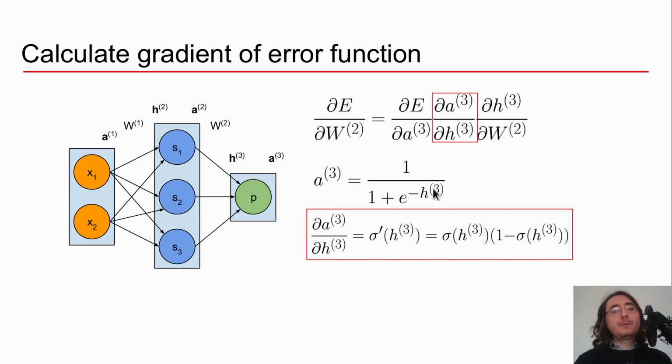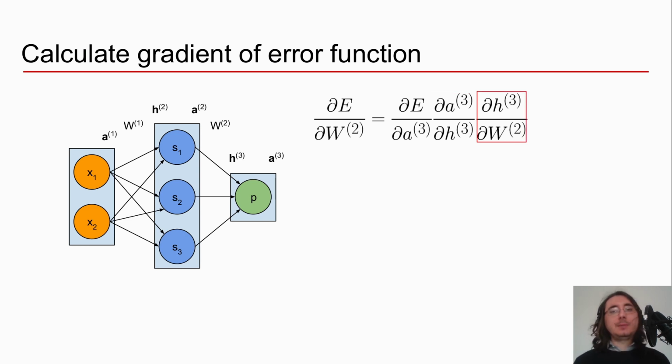So now if we want to calculate the derivative of A3 over H3, we're going to end up with the first derivative of the sigmoid function calculated in H3. I'm using this sigma symbol here to indicate the sigmoid function. And the derivative of the sigmoid function is given by this formula here. So it's the sigmoid function itself times 1 minus the sigmoid function. And in this case, it's calculated in H3. Nice. So we have the second element.